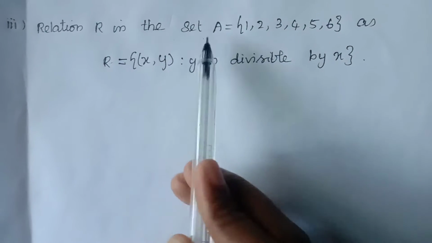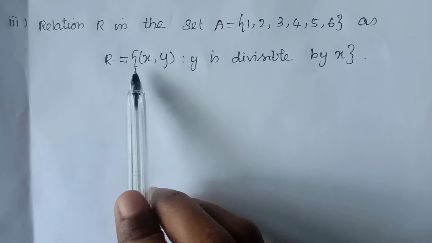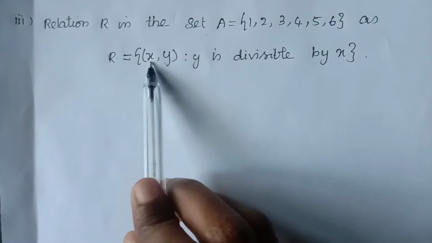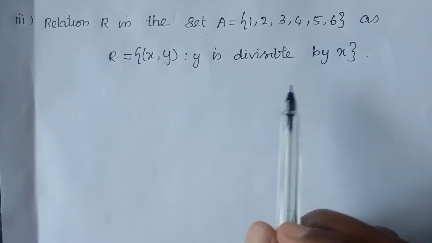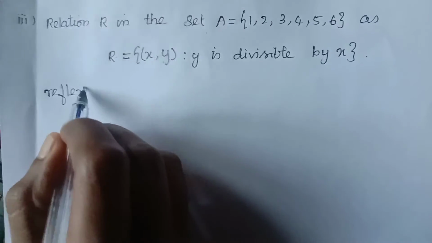Third part. A relation R in the set A = {1, 2, 3, 4, 5, 6} is defined as R = {(x, y): y is divisible by x}. So now check. First condition, reflexive.